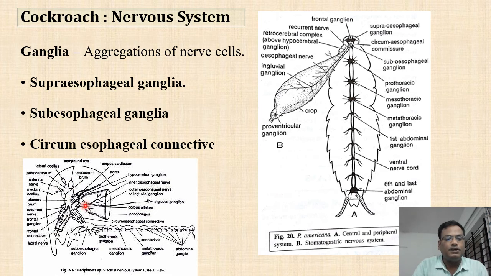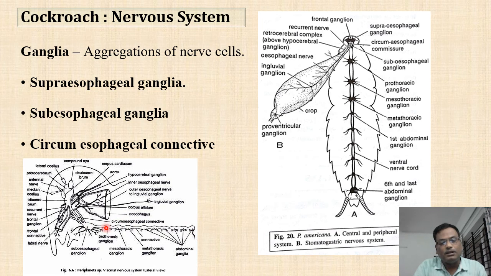So if this is the esophagus running, a part of the esophagus is shown here, and above this esophagus you can see this is the supraesophageal ganglia, and below this forms the subesophageal ganglia. So these two ganglia are interconnected by the circumesophageal commissures, and then this nervous system continues on the ventral side.